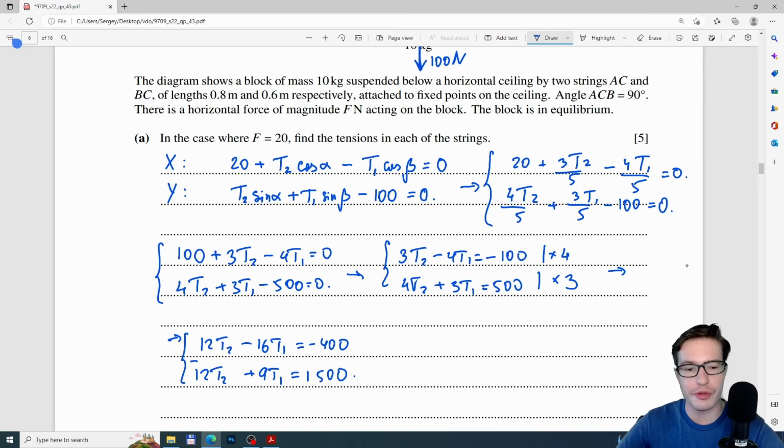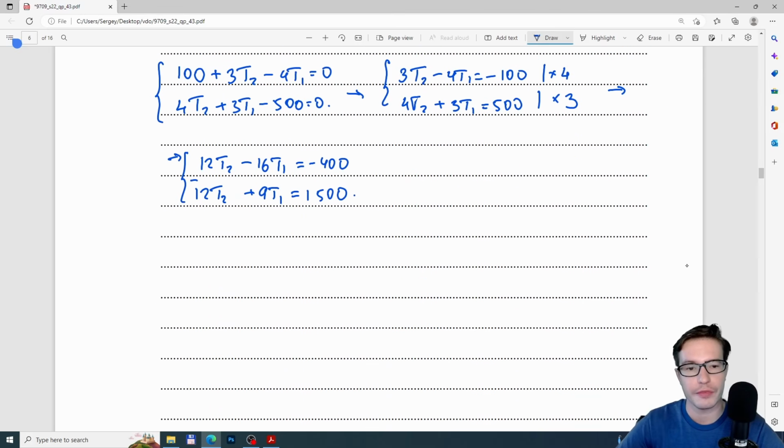Now let's subtract those two to get rid of T2, and we get minus 25T1 equals minus 1900. Now divide both sides by minus 25, and we'll get T1 equals 76. Now from here we can find T2. Let's substitute it somewhere, here.